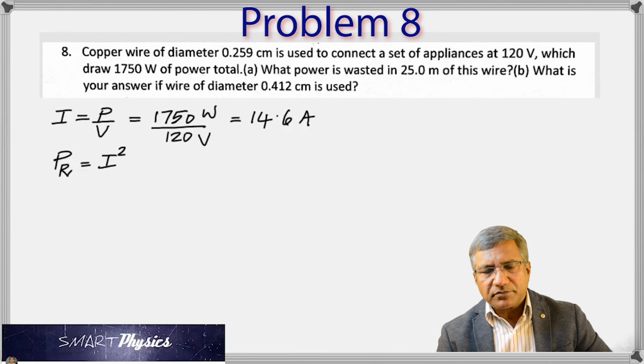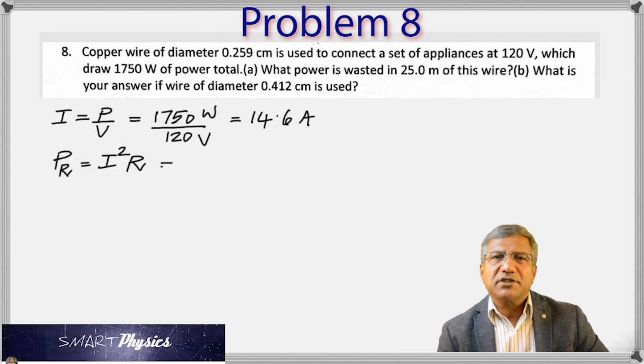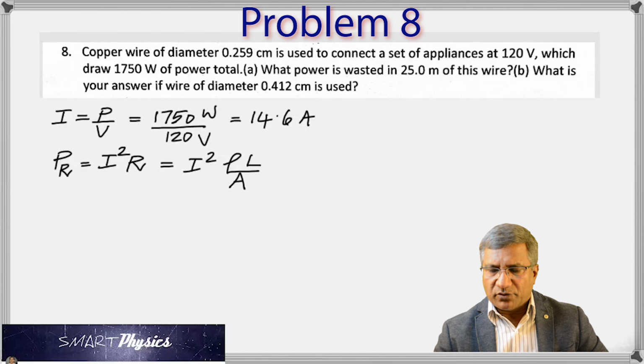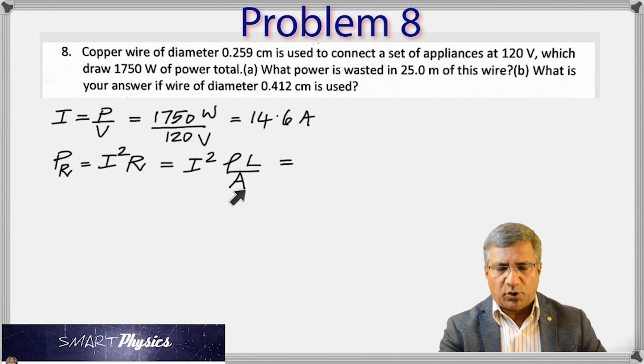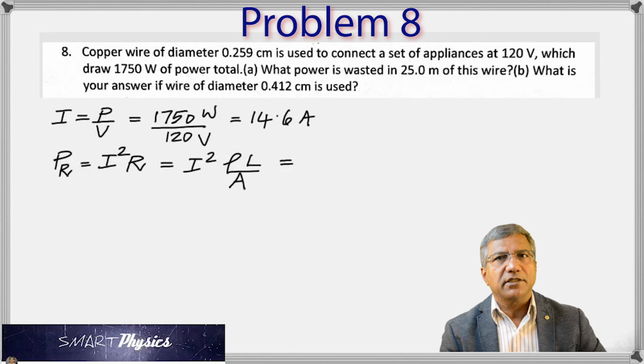And then the power produced is I squared R. And so the resistance needs to be calculated, and we know that the resistance is given by rho L by A. Here the rho is resistivity.